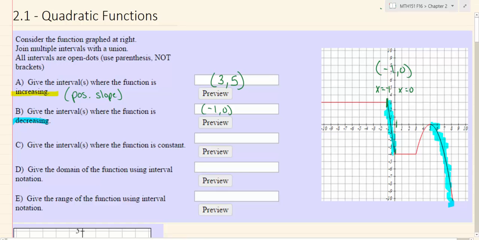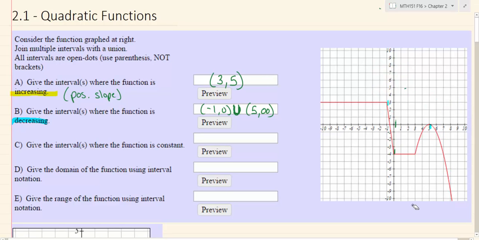And then the next region looks like it goes from a lower bound of x equals 5 all the way out to infinity. That's the first interval. And then we're going to union, we're going to use the capital U, and we're going to put (5, infinity). So -1 to 0 is the first interval, and then the second interval is 5 to infinity.